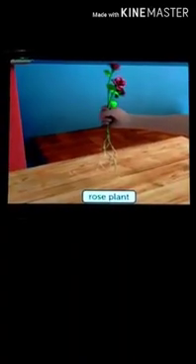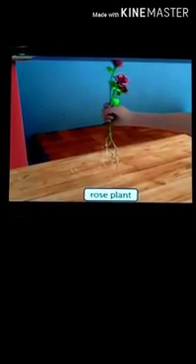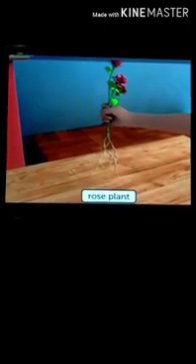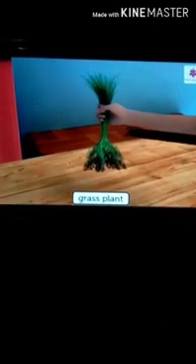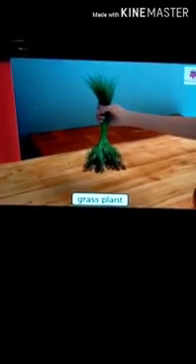So children, now we will do one activity. So take a small rose plant and a grass plant. Both plants you take. Then what do you do? Wash the soil from the roots. Take a beaker, in that you wash the soil from the roots and observe by comparing the roots.